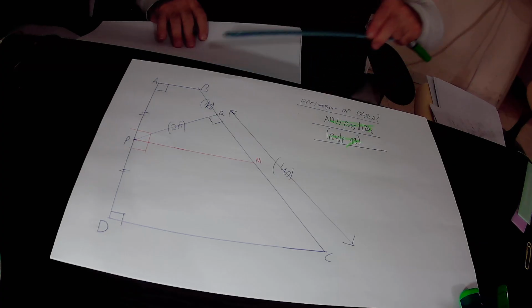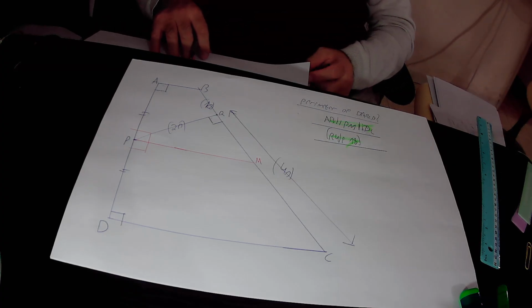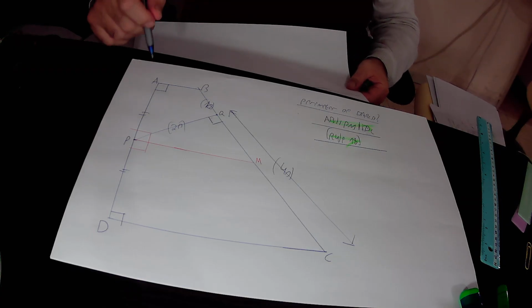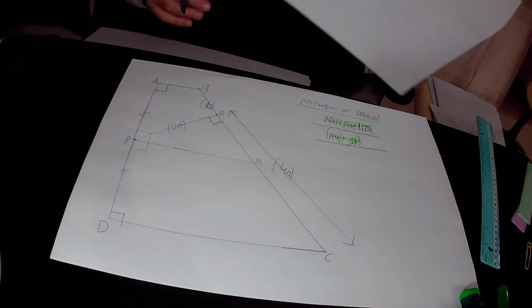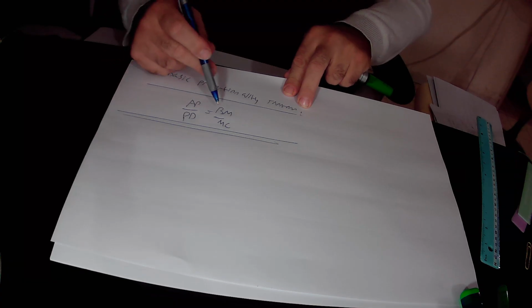Again, according to the basic proportionality theorem, a special relationship exists between AD and BC. The relationship is as follows: AP over PD equals BM over MC.